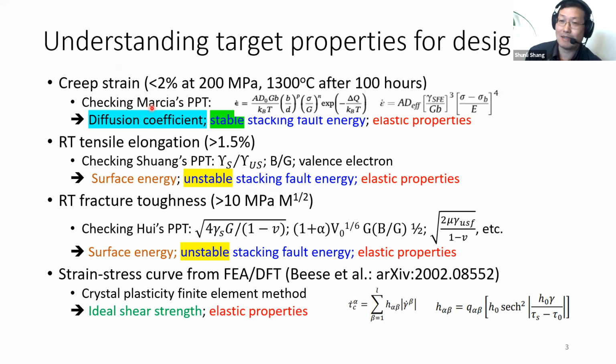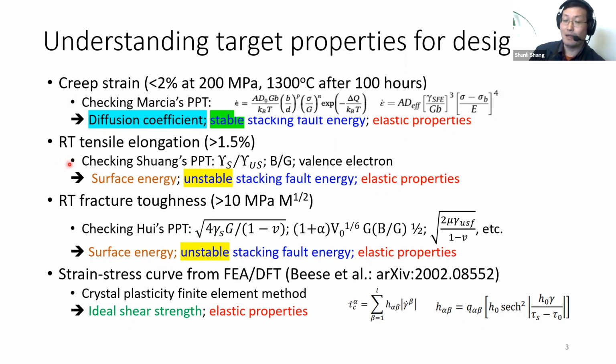We can check Masa's PPT file. We found that the fundamental properties include majorly these 3: the diffusion coefficients, the stable stacking fault energy, and the elastic properties. These properties are relevant to the creep.